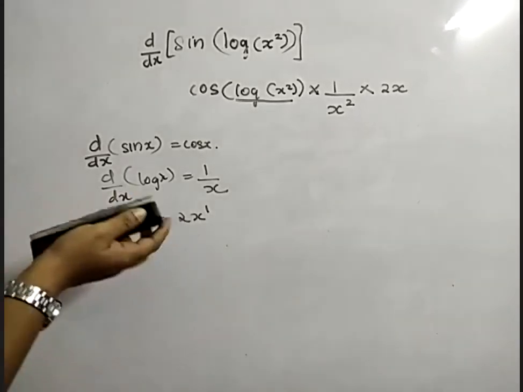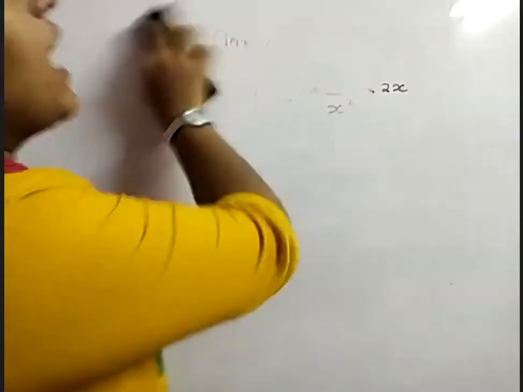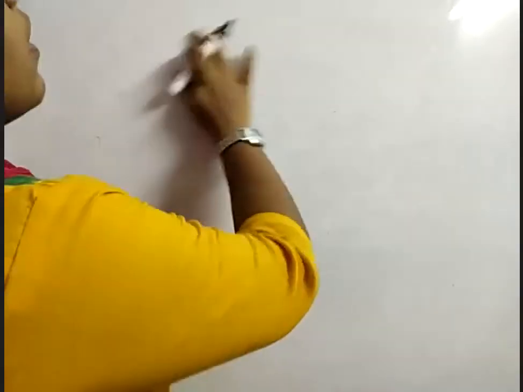Now we have two other rules, that is product rule and quotient rule. Let's see what that is. Before that, we saw that if within a function another function is coming, we can apply the chain rule.